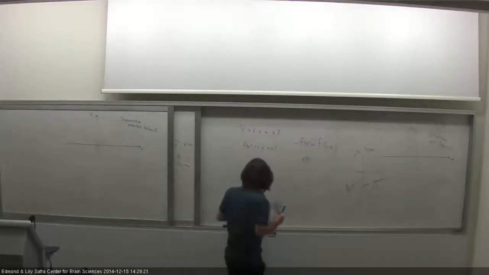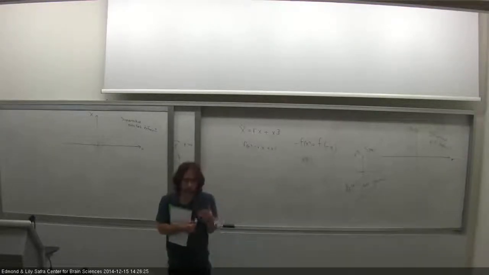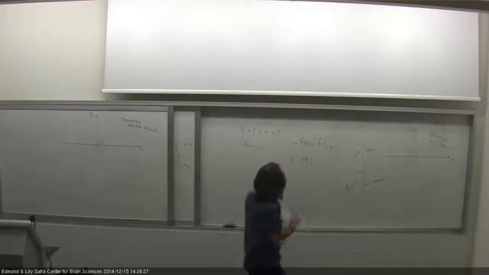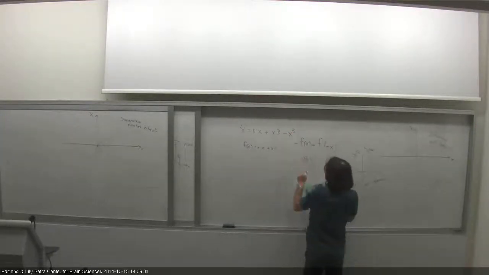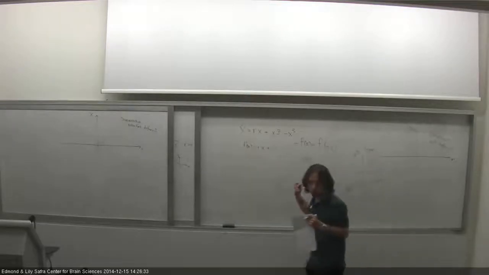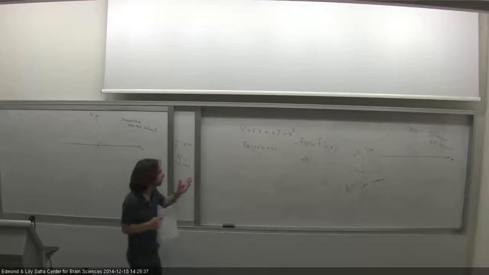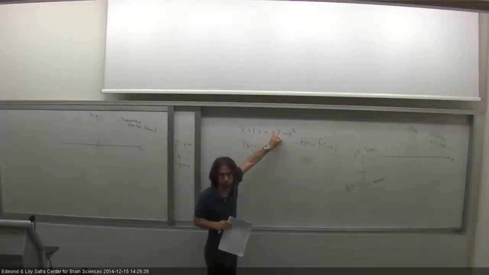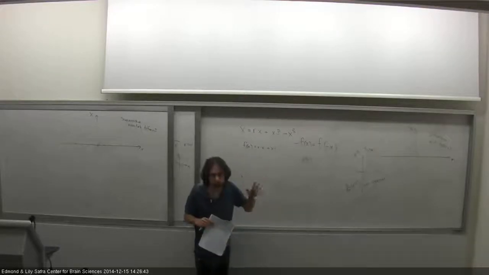And so to keep the symmetry, your next term should be the next odd power. Because if you integrate over x to the fourth, you will get x to the fifth, and that's already not symmetric.